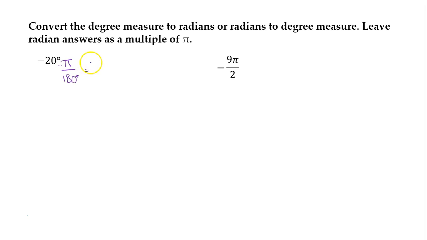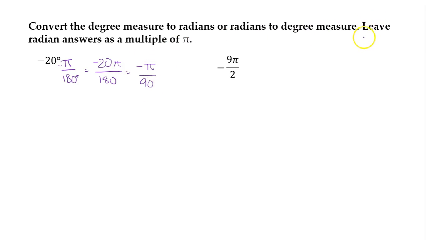And when we do that, you can go ahead and reduce this fraction at this point. I'm just showing y'all this all multiplies straight across together. And reducing the 20 over 180 fraction, you get negative pi over 90. And that is your answer.